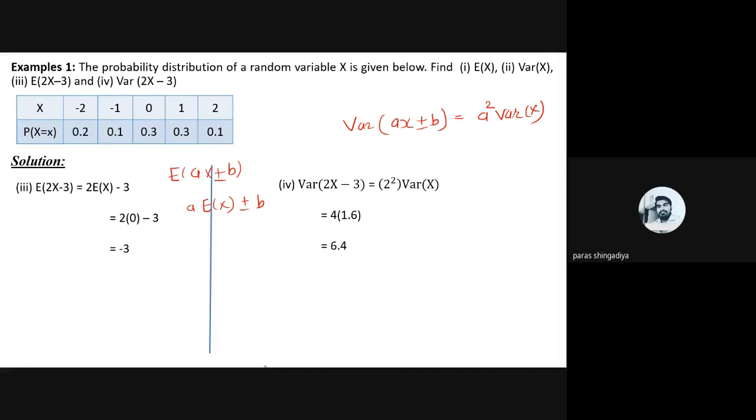So this way we can check both remaining parts, E of ax plus b, and second is variance of ax plus b, based on the answer of E of x as well as the variance of x. Clear? Is this example clear? Any confusion in any step?